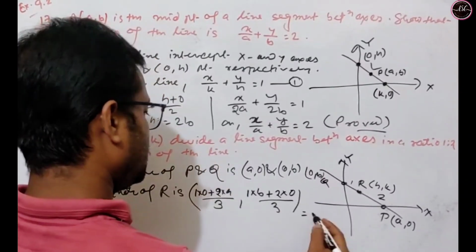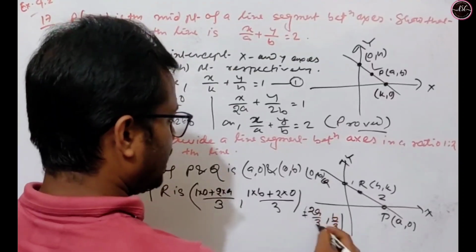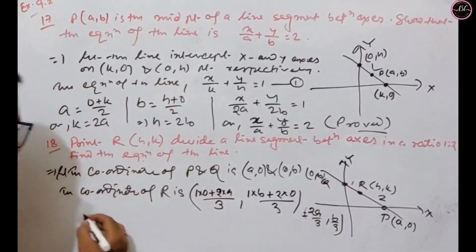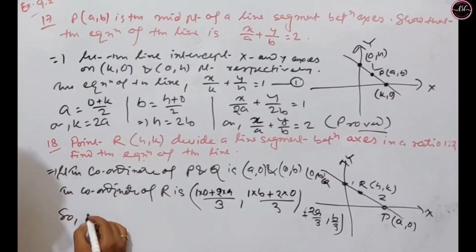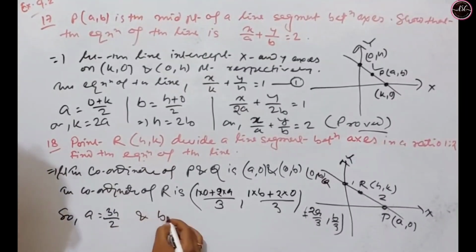That will be 2a by 3 comma b by 3, and this is the coordinate of h and k. So a equal to 3h by 2 and b equal to 3k.